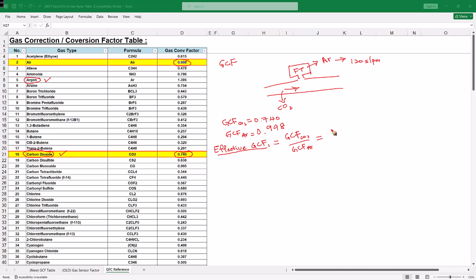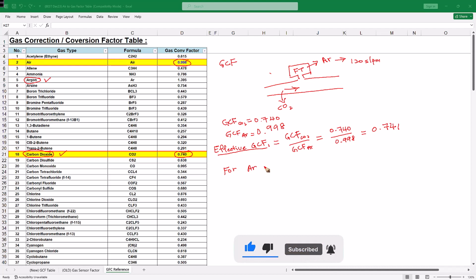So this is 0.740 divided by 0.998. The value is, let me calculate, 0.741.